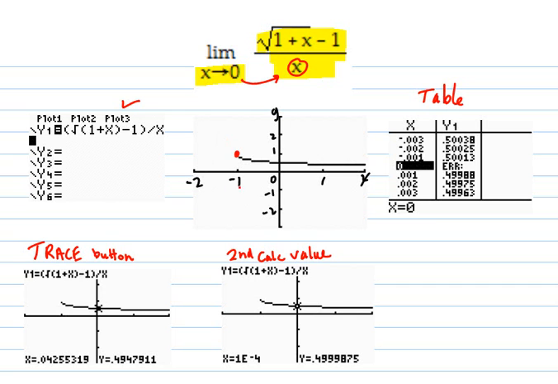Because when x is beyond -1 to the left, the inside of this radical would be negative, and the square root of a negative number would be, in the complex number system, definitely not a real number at that point. So that's why the calculator doesn't know what to do. There's no real valued y value here.